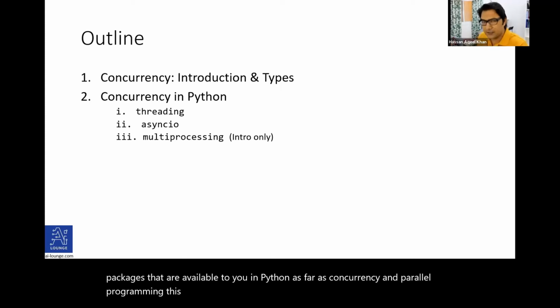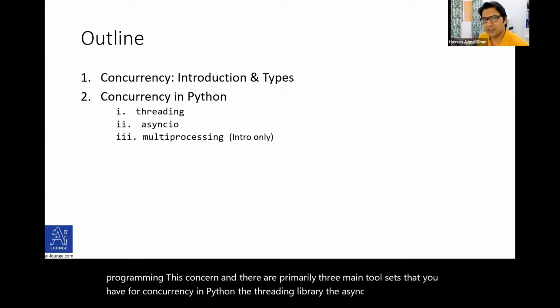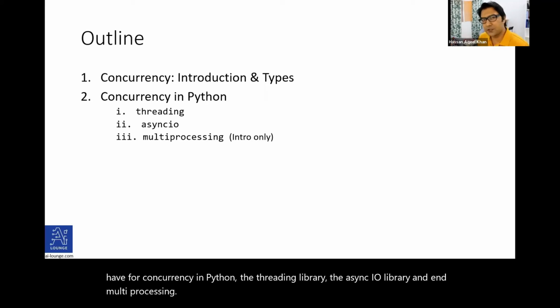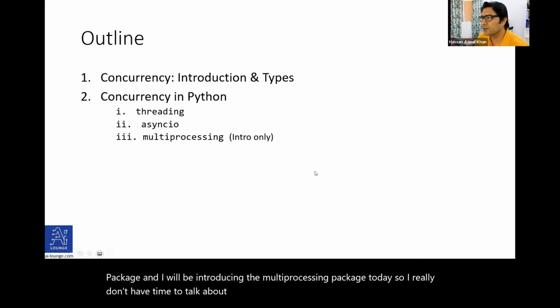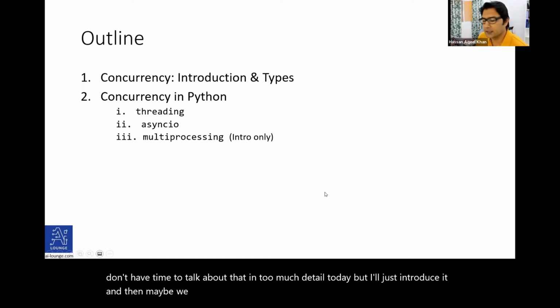There are primarily three main tool sets for concurrency in Python: the threading library, the asyncio library, and the multiprocessing package. I will already be introducing the multiprocessing package today, but I don't have time to talk about it in too much detail, so I'll just introduce it and we can cover it in more detail in the next talk or webinar.